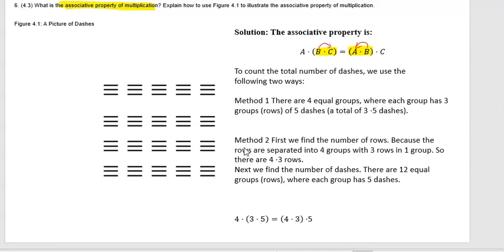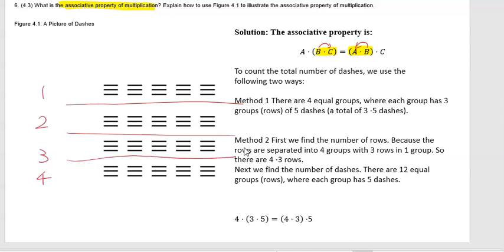First of all, we could divide them by rows. This is the first row, second row, third row, and the fourth row. So there are four equal groups, or you can just say four rows. Each group has three groups.